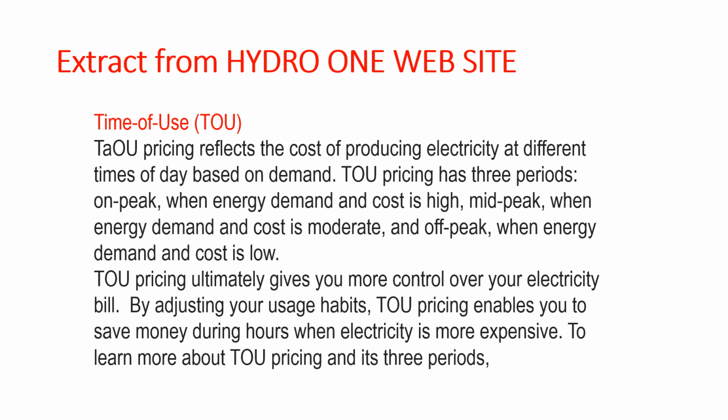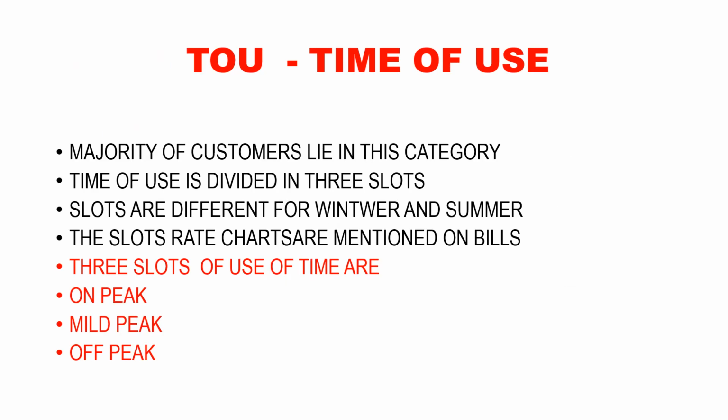You have to check in which period you should consume less electricity and in which period you may consume a higher volume of energy. It is up to you, and that will save your money. The majority of customers lie in this category.